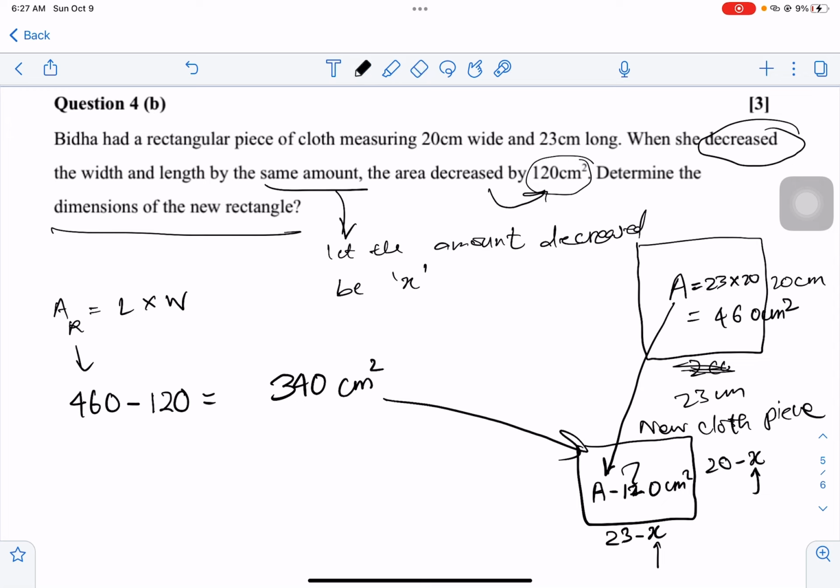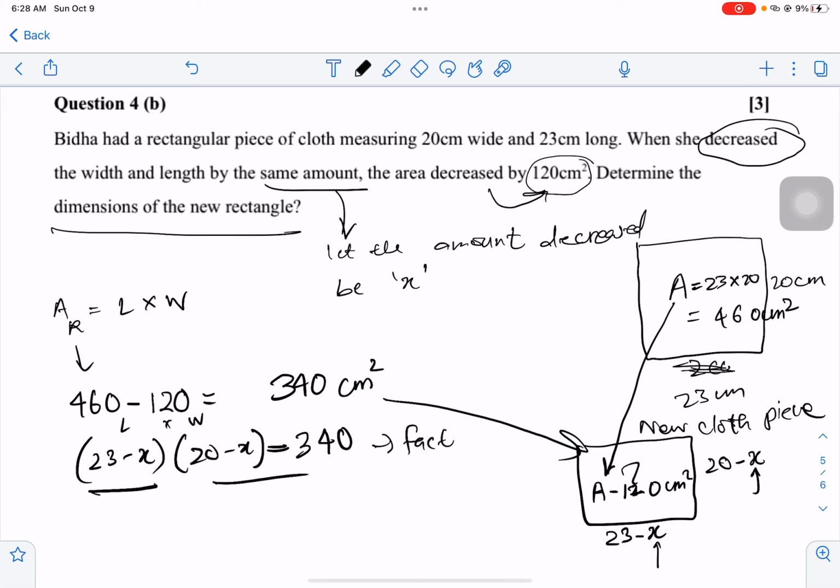Now the length is 23 minus x, times the width, which is 20 minus x, and the area they have found out is 340. Now this is in the factored form, but the important thing is that on the right hand side, instead of 0 there is a number.